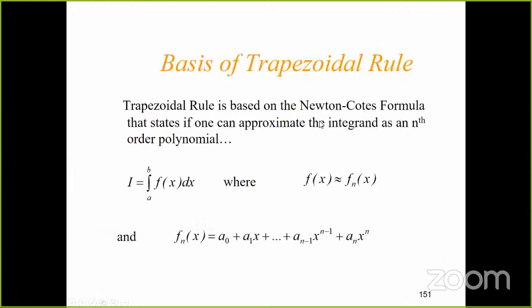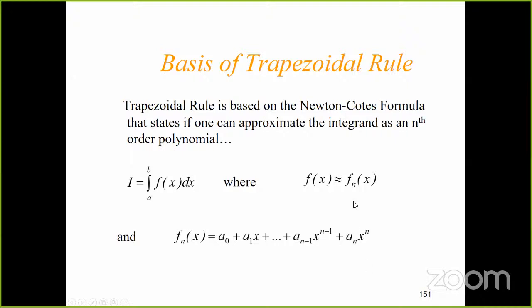The trapezoidal rule is based on the Newton-Cotes formula, which states that if one can approximate the integrand as an nth order polynomial, like a Taylor series, then the integral of f of x dx over the interval a to b is approximately equal to the integral of f n of x.